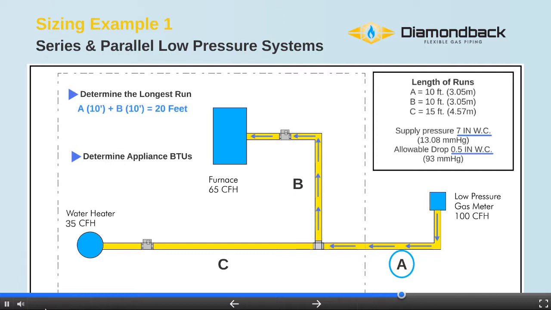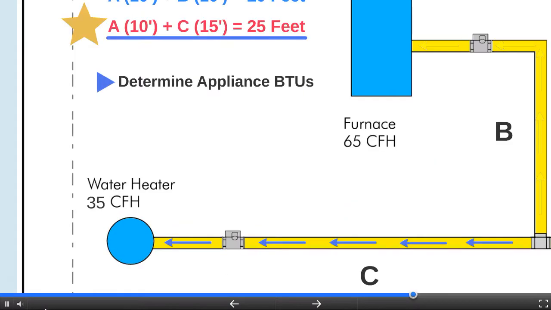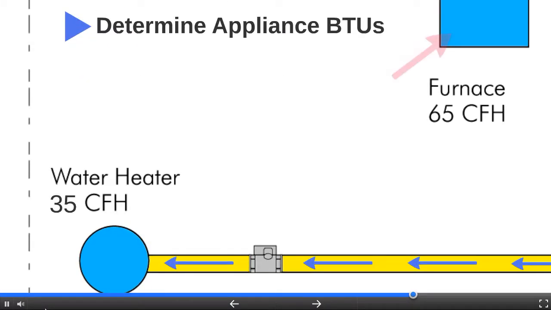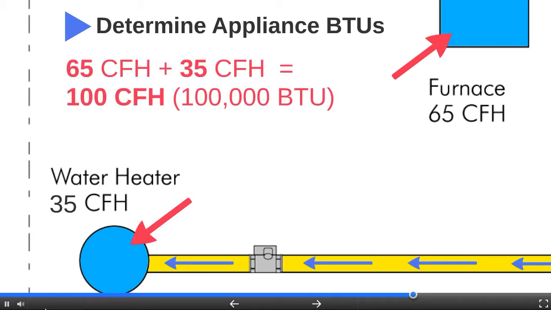The meter to the water heater is A plus C, or 10 plus 15 equaling 25 feet. This is the longest run. The total load includes the furnace plus the water heater, equaling 65 plus 35, which totals 100 CFH, or 100,000 BTUs.